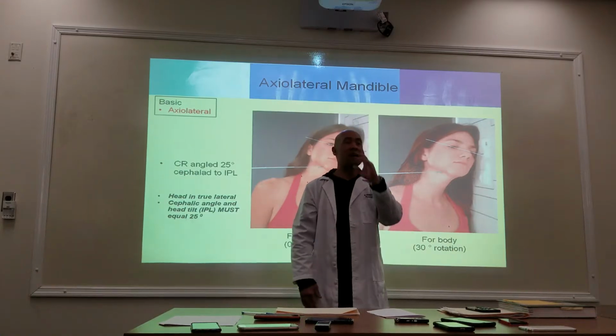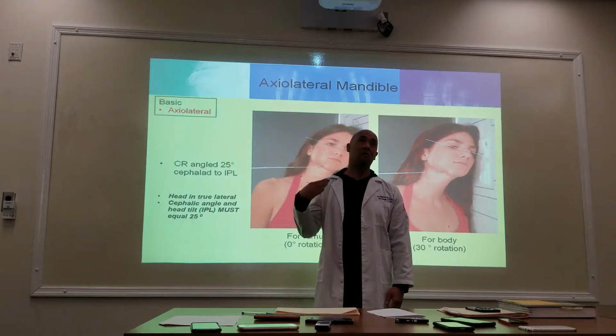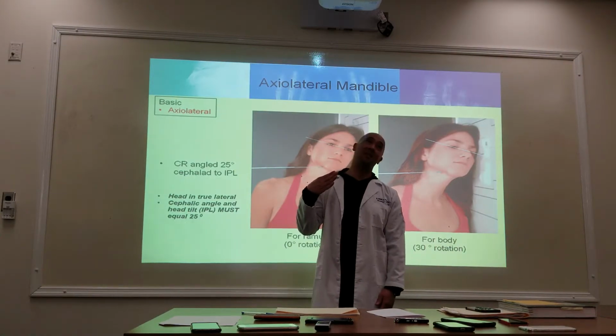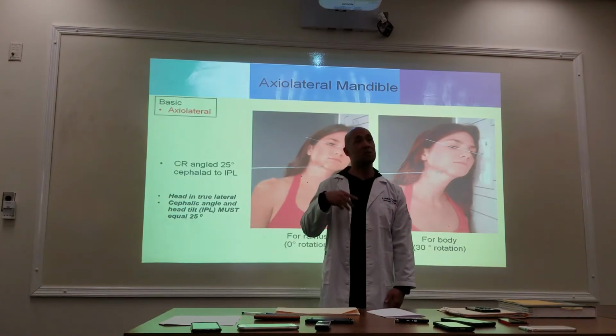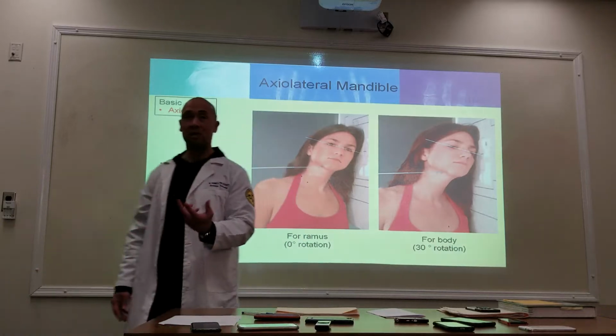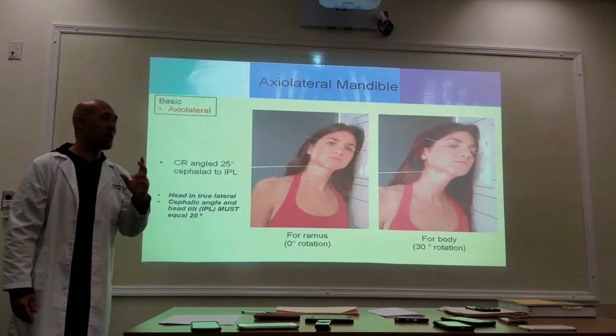Whatever it is, if I can tilt my head 5 degrees, what should my central ray be? 20 degrees. If I can tilt it 10 degrees, this is going to be what? 15 degrees.